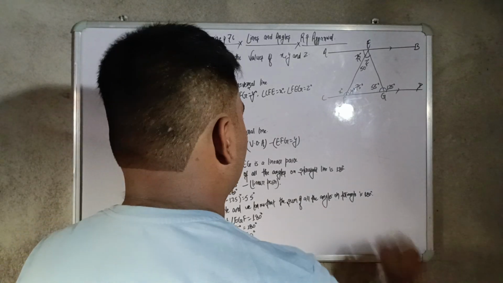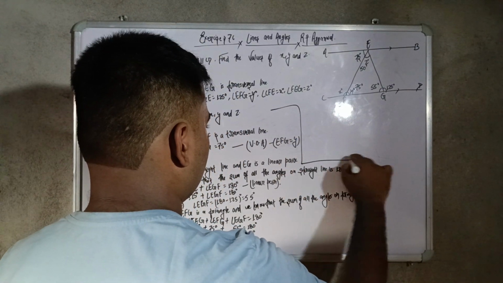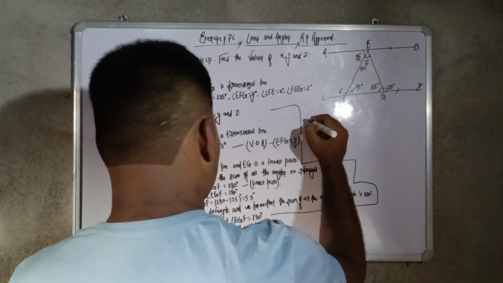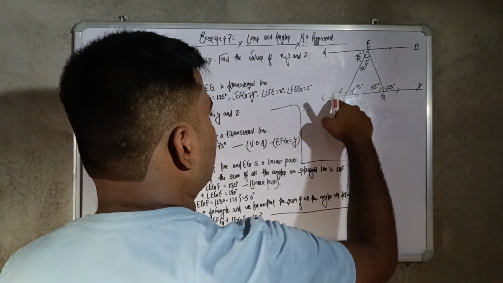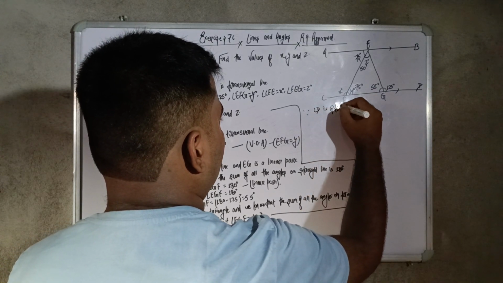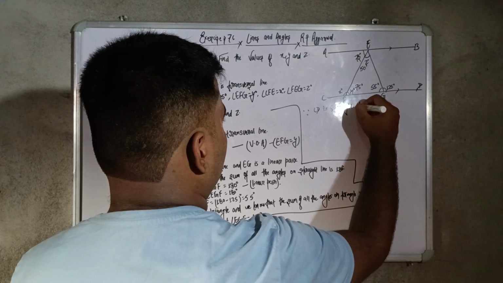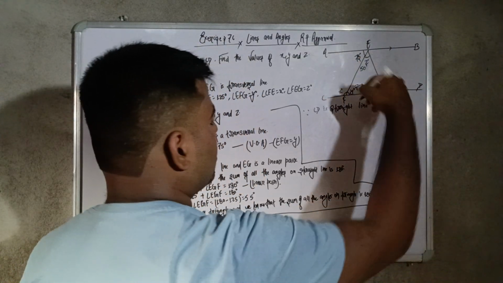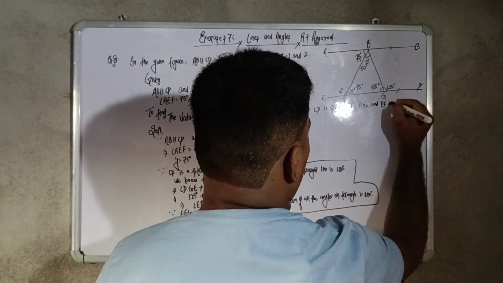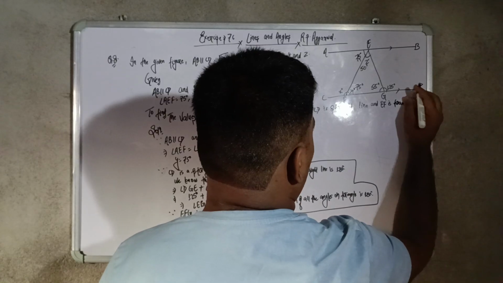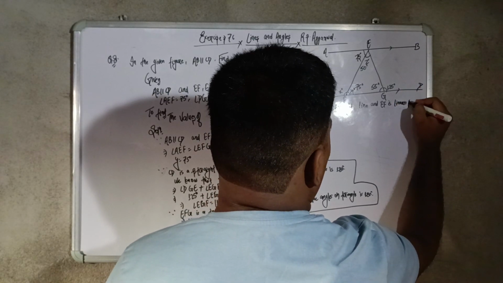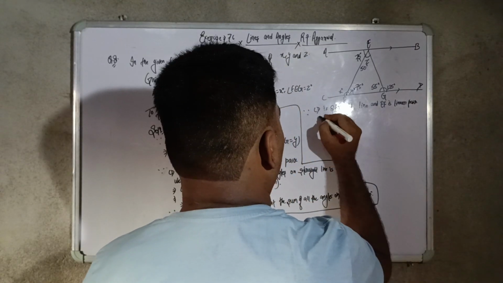Okay, now we have to write here. Since CD is a straight line, and EF is a transversal, sorry, a linear pair.